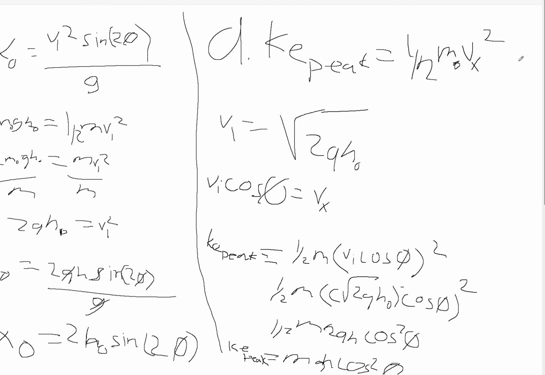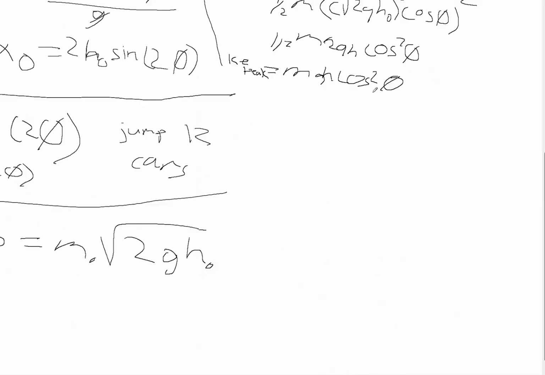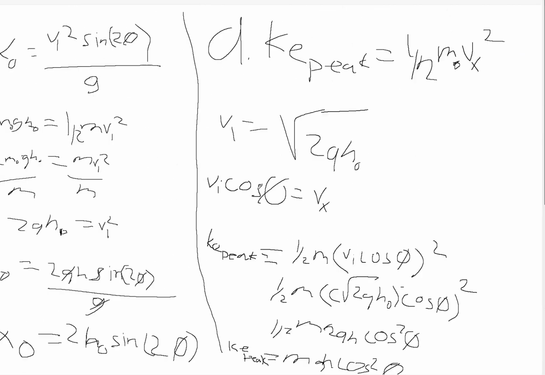To find the x component, we take the initial velocity and use vi cosine theta equals vx. So we replace vx with vi cosine theta, and then replace vi with the square root of 2gh, which we found earlier. Once we use algebra to simplify everything, we're left with KE peak equal to mgh cosine squared theta.